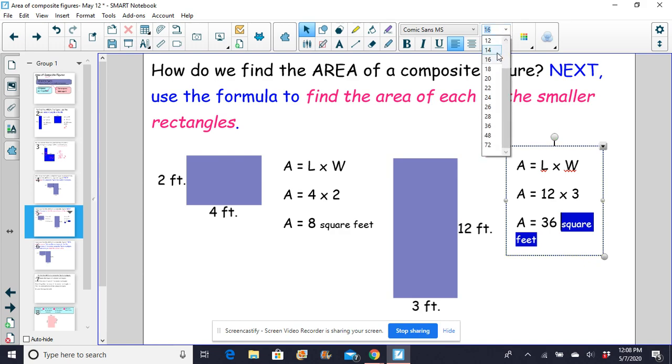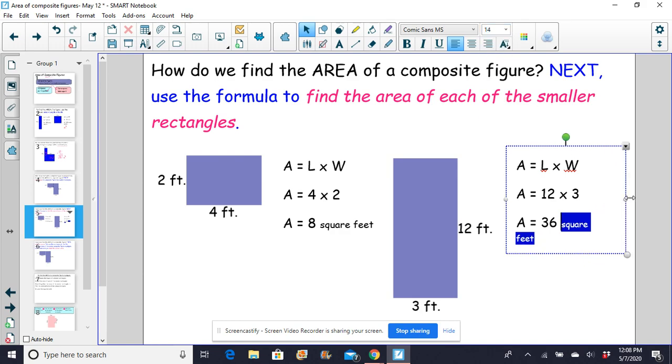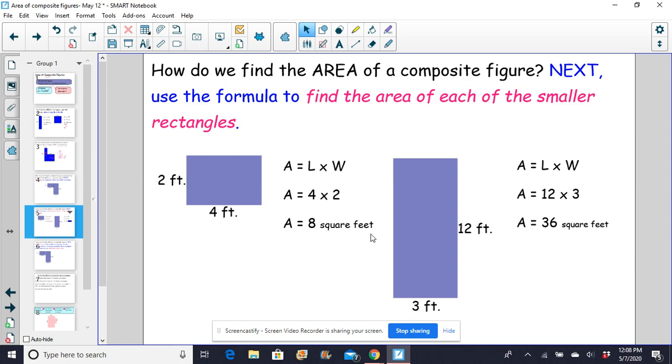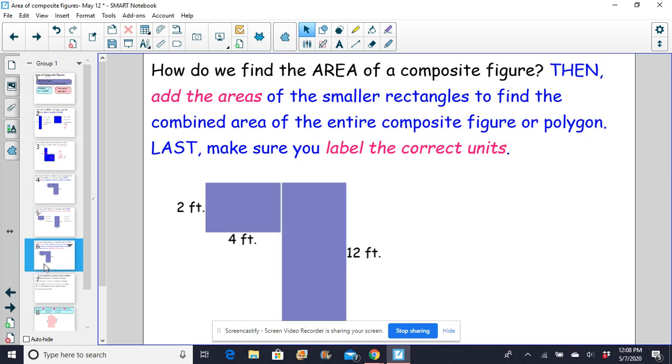So our next step after this, now that we've found the area of these two rectangles, our next job is to add together the areas of the smaller rectangles to find the combined area of the entire composite figure or polygon. Okay, so notice in my picture here, I've actually put back together my composite figure the way it was originally.